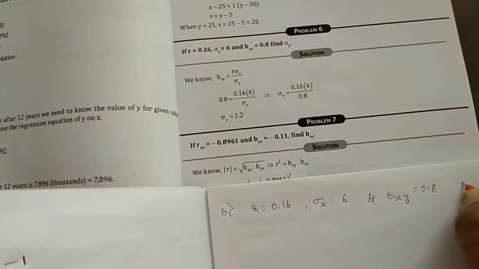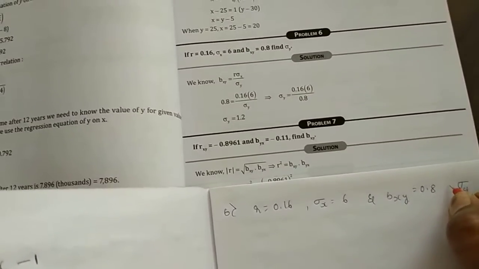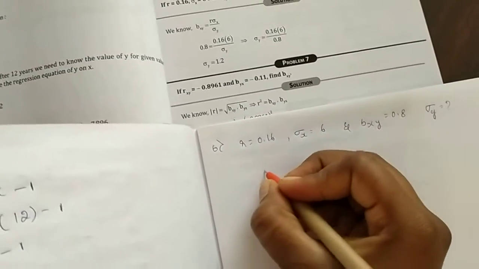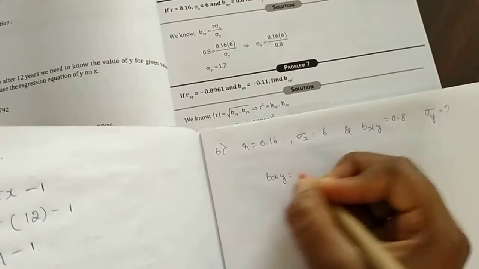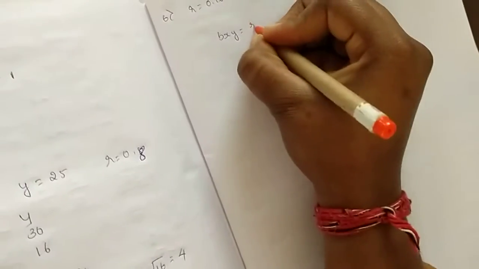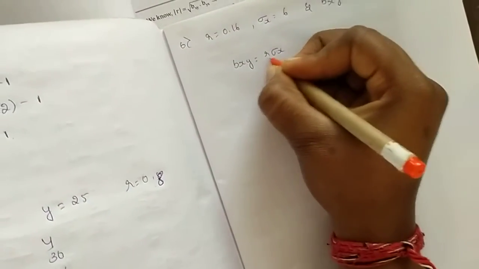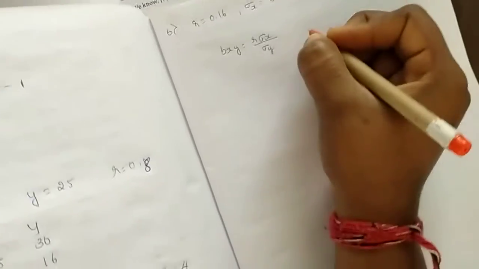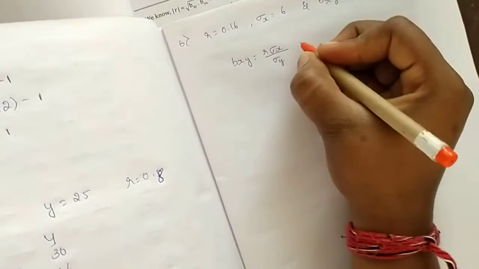We have to find the standard deviation of y. Bxy is r into standard deviation of x divided by standard deviation of y, the same formula we wrote earlier.